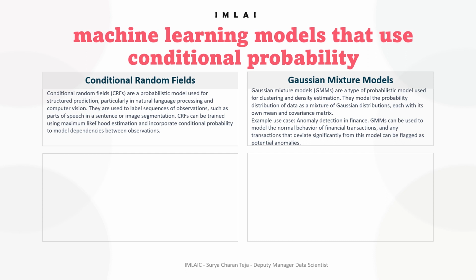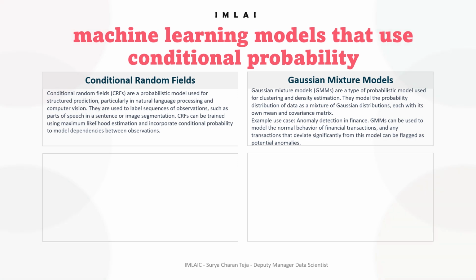They model the probability distribution of data as a mixture of Gaussian distributions, each with its own mean and covariance matrix. Example use case: anomaly detection in finance. GMMs can be used to model the normal behavior of financial transactions, and any transaction that deviates significantly from this model can be flagged as a potential anomaly. So these Gaussian mixture models are widely used for anomaly detection.